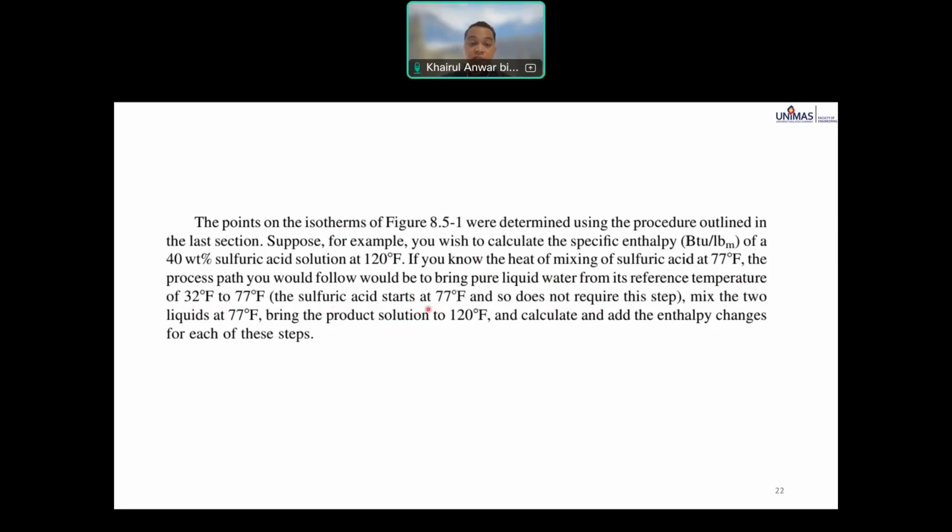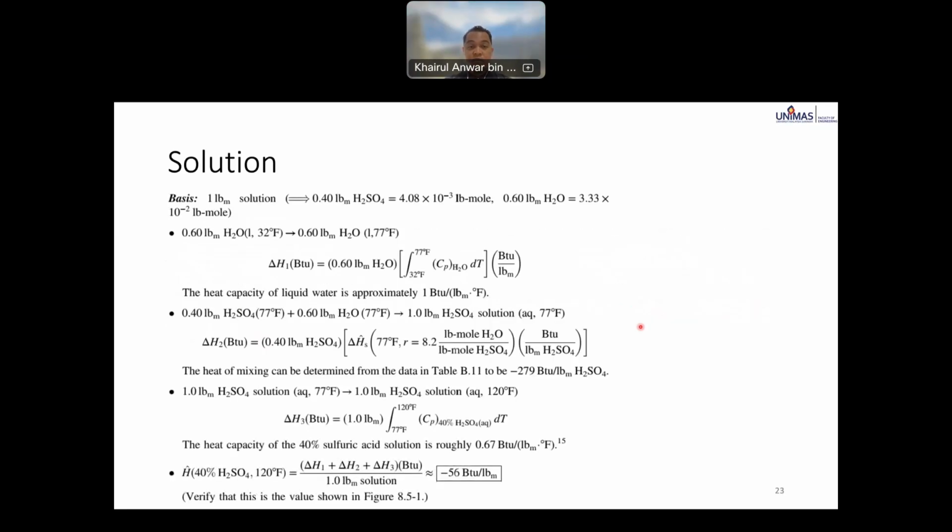The sulfuric acid starts at 77, and so does not require this step. Mix the two liquids at 77 degrees, bring the product solution to 120, and calculate the enthalpy changes for each of these steps.